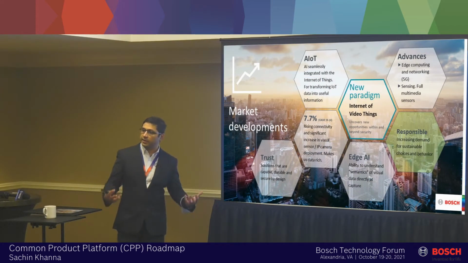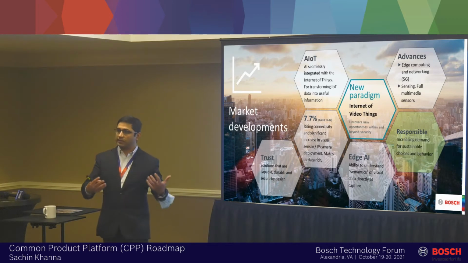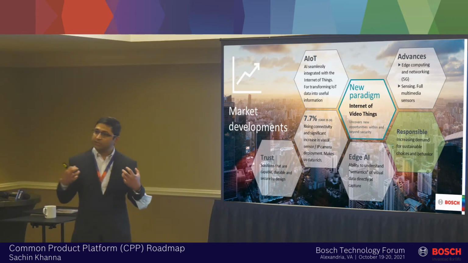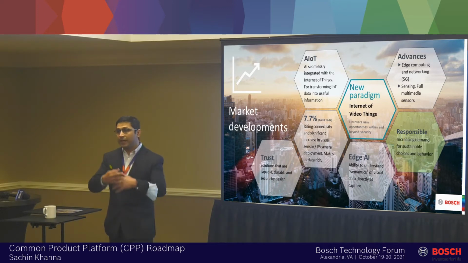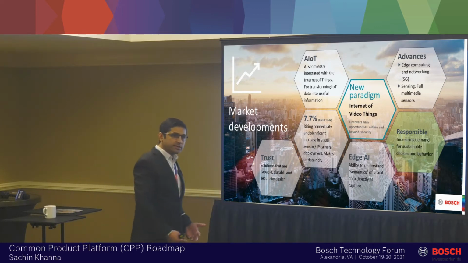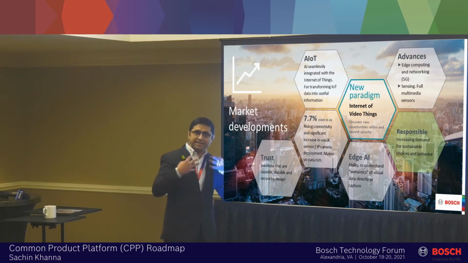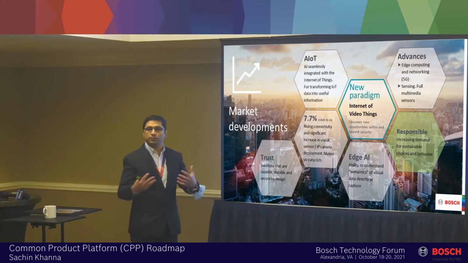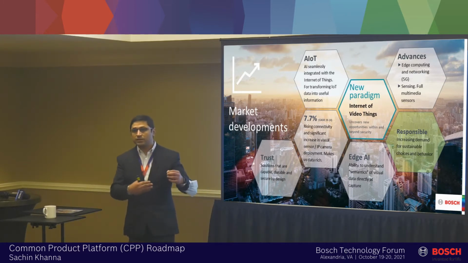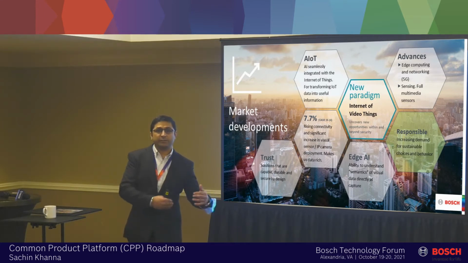This is what we call AIoT, artificial intelligence of things. Now you can harvest the data coming from multiple cameras and have a much better understanding of what the cameras are looking at, what the microphones are listening to, or what a motion sensor is sensing. Camera is one of the very data-rich sensors.